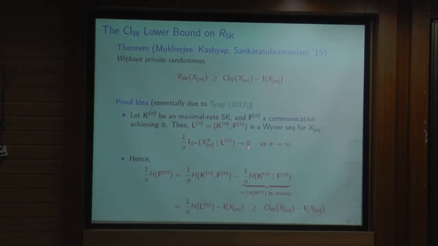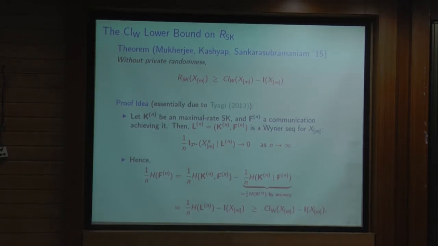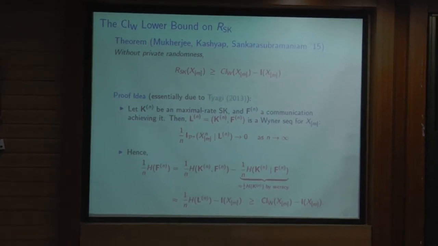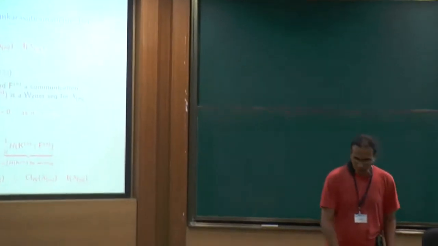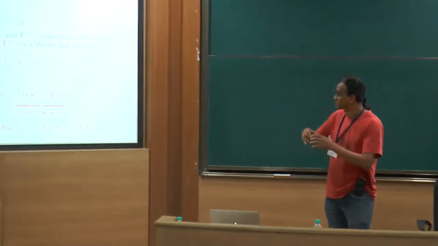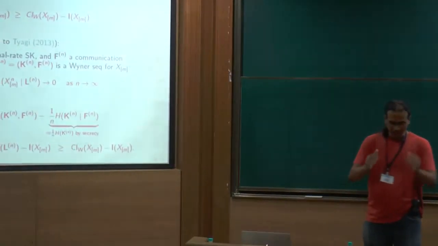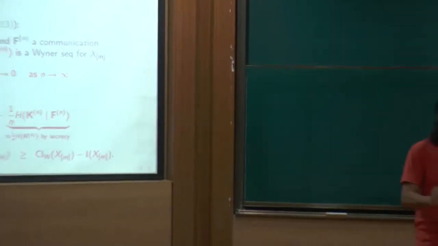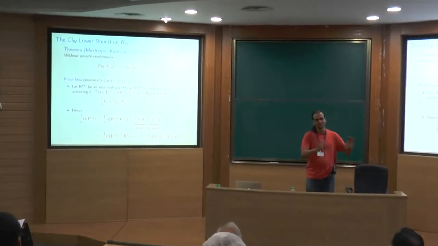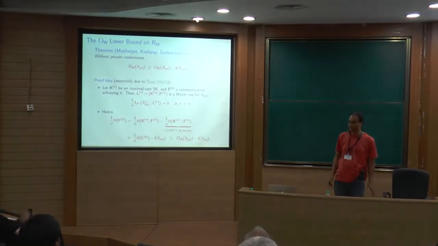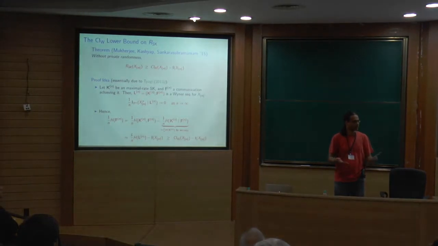The idea simply is that when you want to generate a secret key, the key as well as the communication that you use to generate the key, put together, form a Wiener sequence. Why is that? If, after conditioning on K and F, there is still some mutual information left among the random variables X1 up to Xn, you can build on that to extract more bits of key.